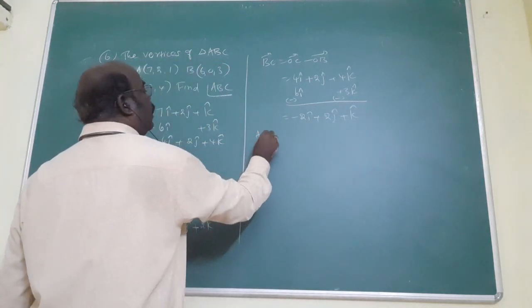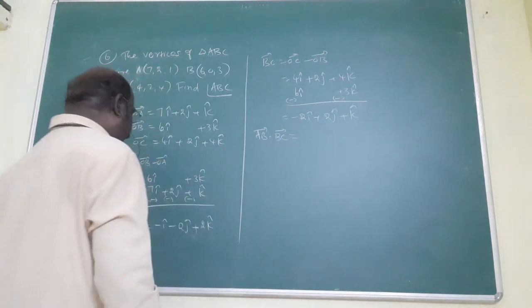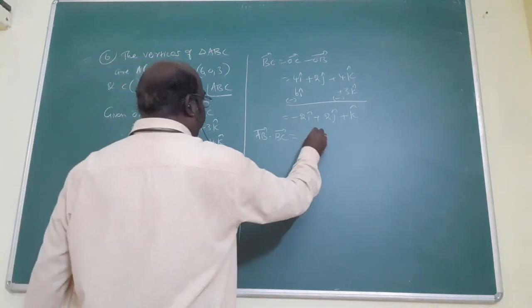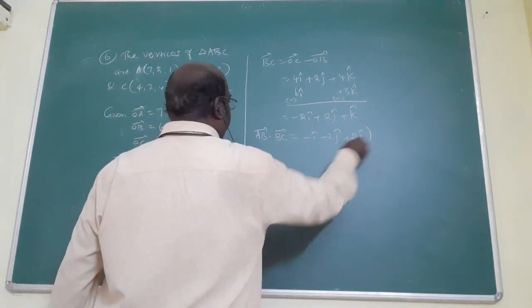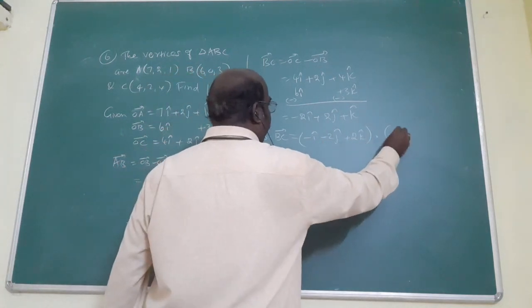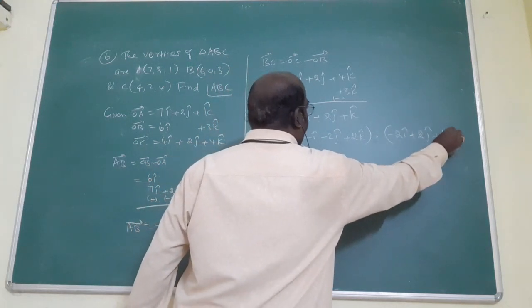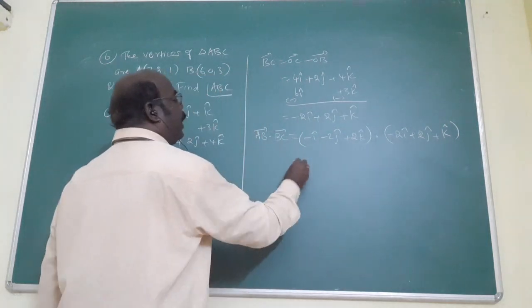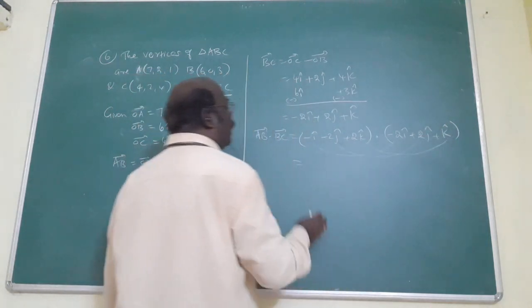I am finding AB dot BC. Am I right? AB is what? Minus 1 i cap minus 2 j cap plus 2 k cap, dot minus 2 i cap plus 2 j cap plus k cap. What's the meaning of the dot product? The corresponding elements should be multiplied and added. That is the answer.